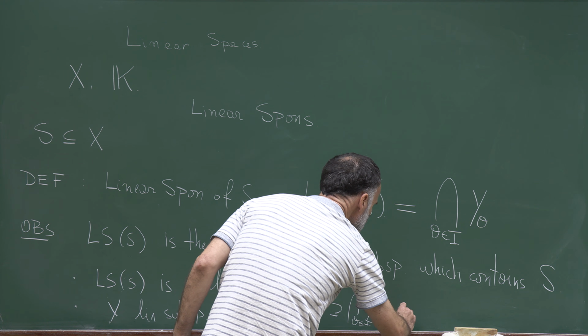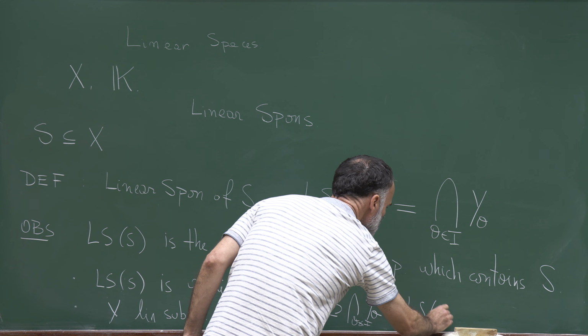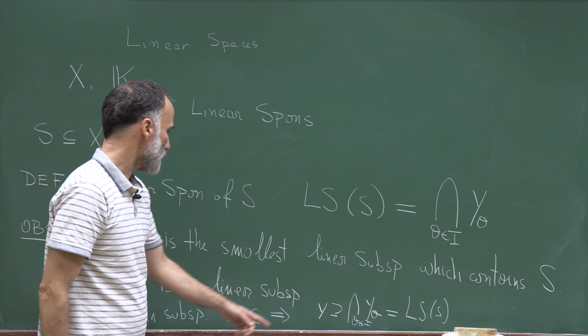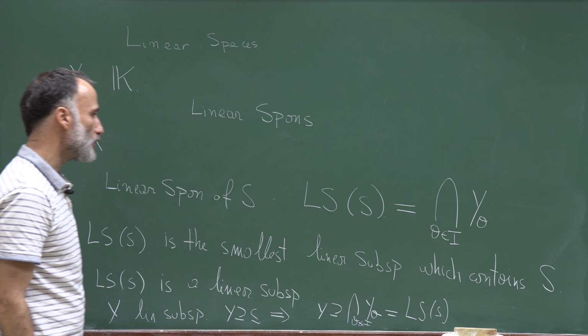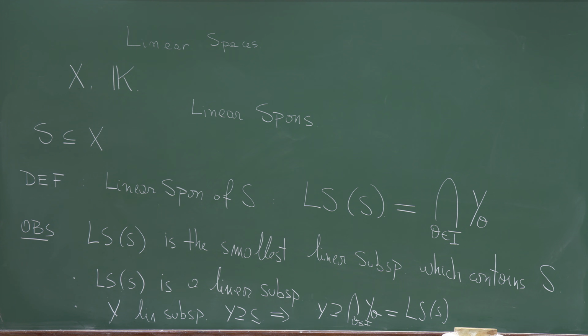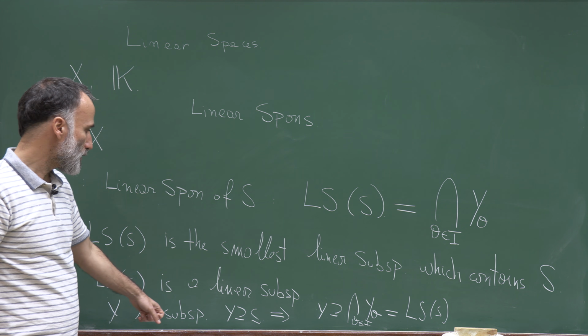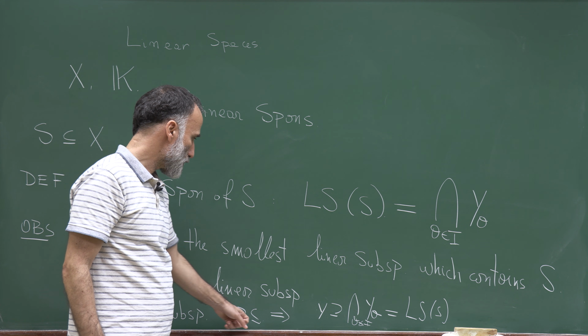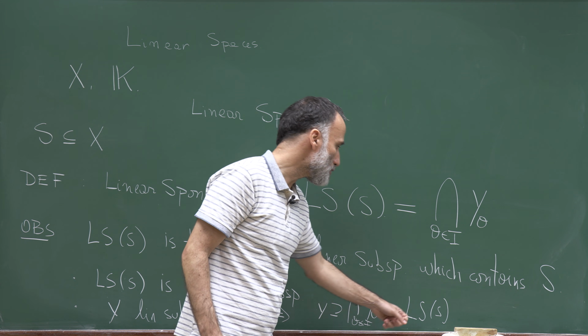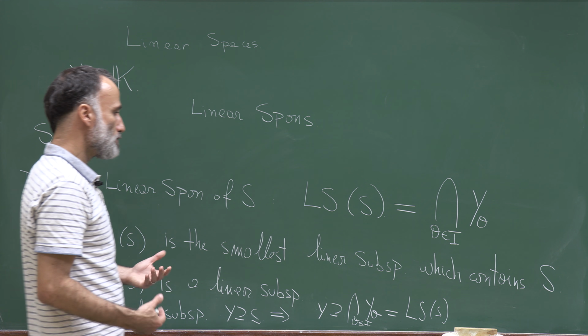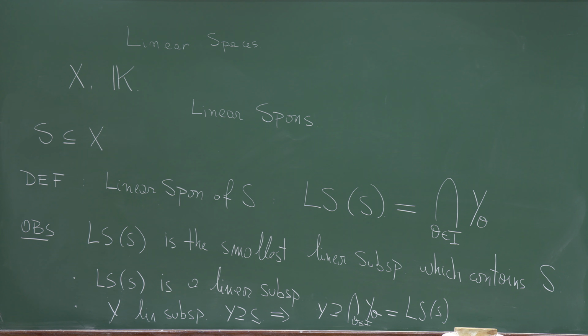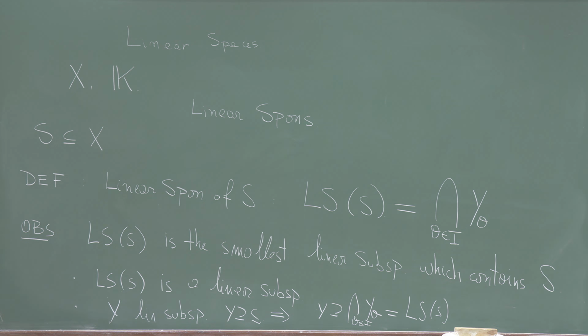The intersection is exactly the linear span of S, which means that the linear span of S is contained in Y. Therefore, any linear space Y which contains S has to contain the linear span, so the linear span is the smallest linear subspace which contains S.